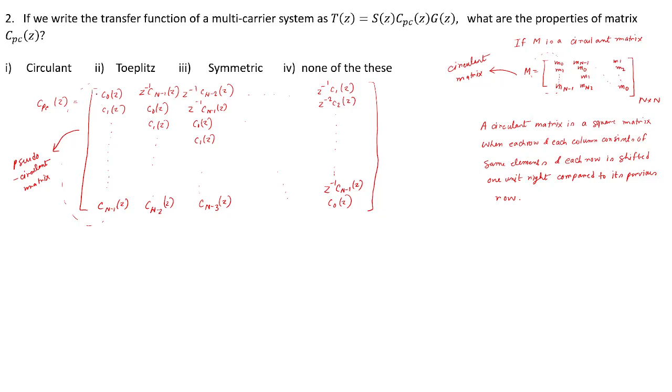For this matrix, if you consider the first row and last row, you can see here C n minus 1 is multiplied with z inverse, whereas there C n minus 1 is multiplied with no exponential of z. So these two are different elements, and the circulant property is violated here. So although it shares a similar structure to a circulant matrix, it is not a circulant one, it's a pseudo circulant.